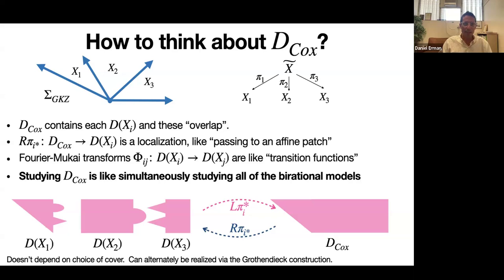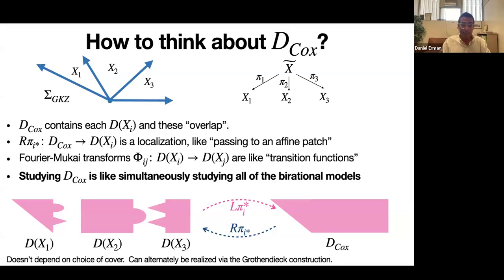Yeah. Let me make a few more technical points, and if there are other questions, people can jump in. I noted here it doesn't depend on the cover. That's an easy exercise. There's also a way to do it without choosing a cover if you want. It's something called the Grothendieck construction, that involves the language of lax cofunctors, which is a little more heavy duty in terms of categorical basis.